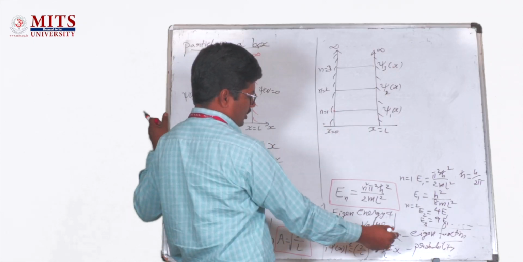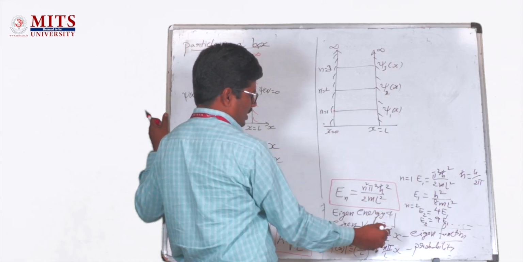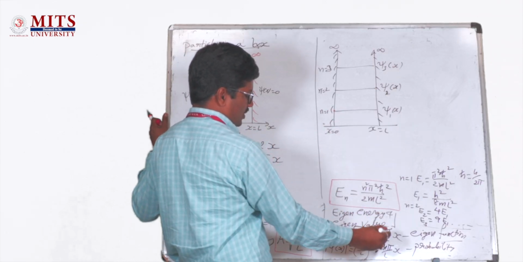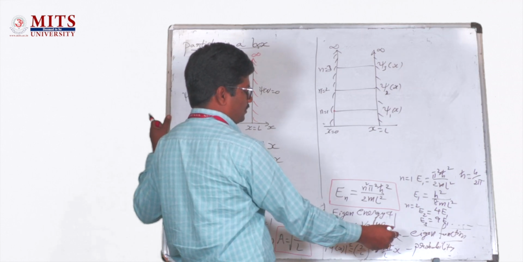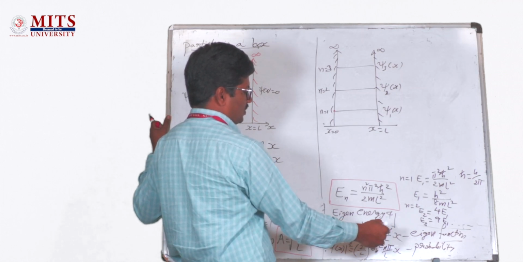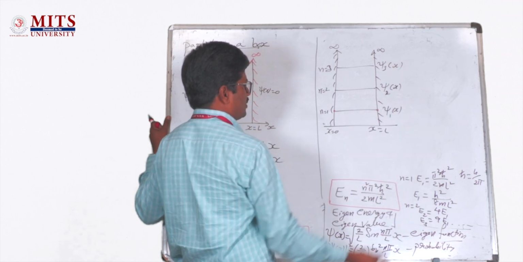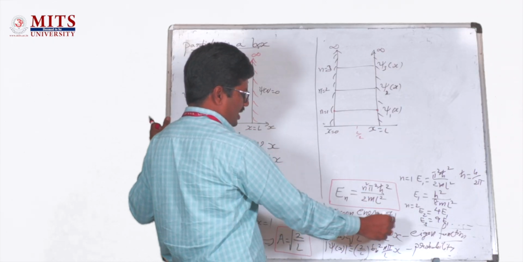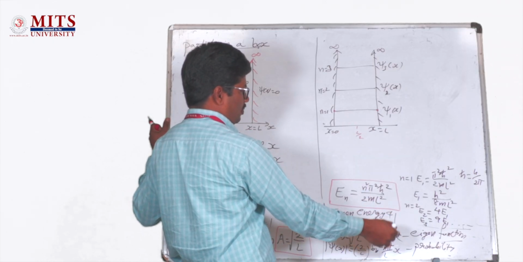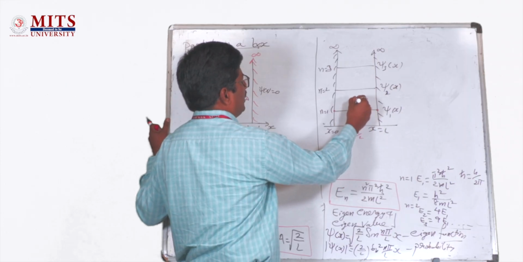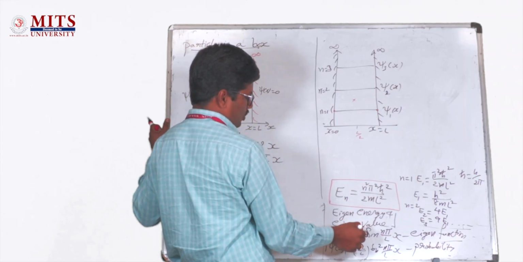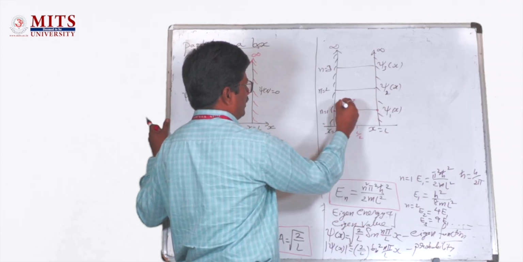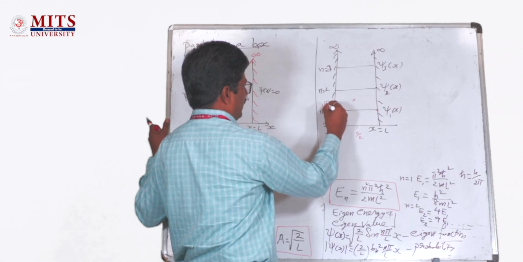If you put x equal to L and n equal to 1, then L L cancels, so sine 180, that is also 0. If you take L by 2, L L cancels, n is 1, so pi by 2, sine 90 is 1, so it will have root 2 by L. So the height of this is root 2 by L.